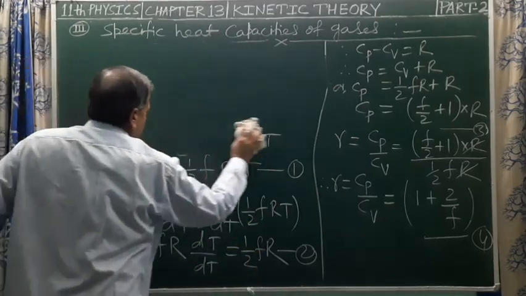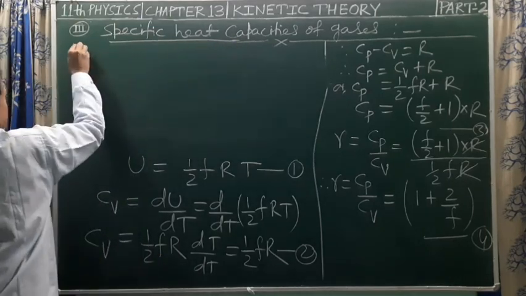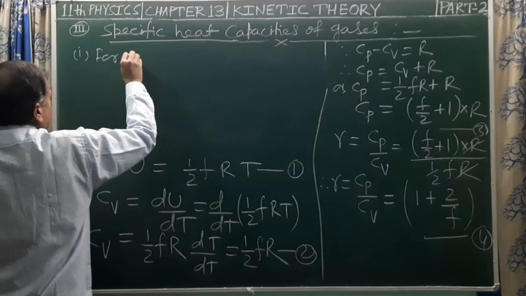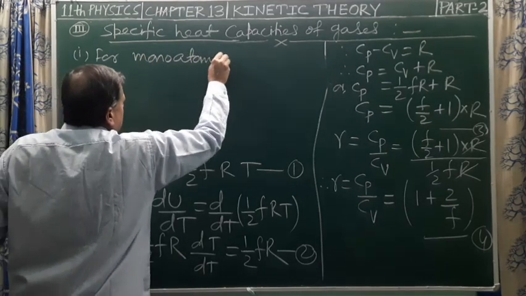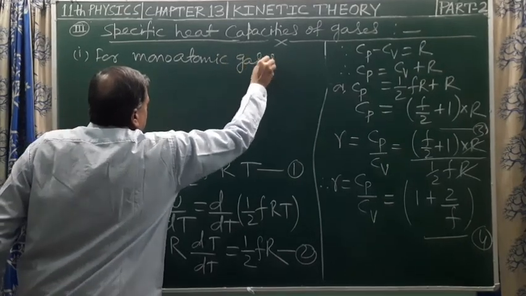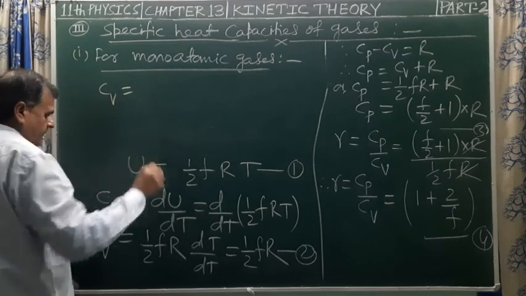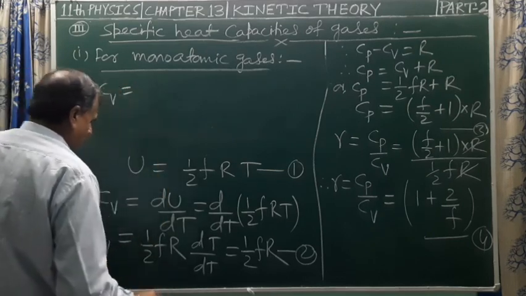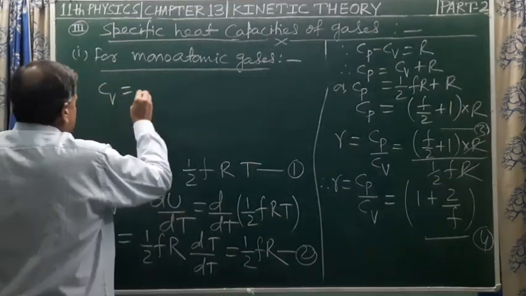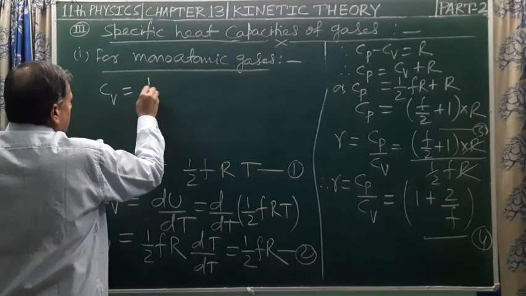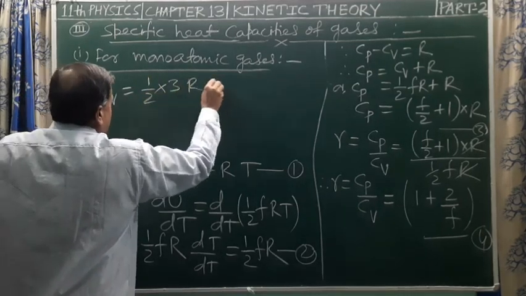So write down Cv for monoatomic gases. The formula is 1 by 2 fR, a direct formula we obtained. So Cv is equal to 1 by 2 f, degree of freedom is 3, into R, that is 3 by 2 R.